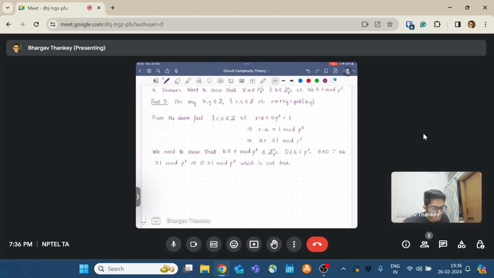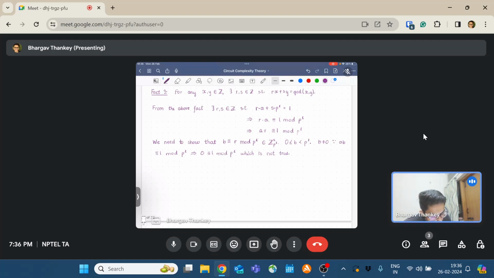So now we need to show that the GCD of B and P to the L is 1, right? So how do we show that? Okay, so we have this, A times B is congruent to 1 mod P to the L. What does this imply?